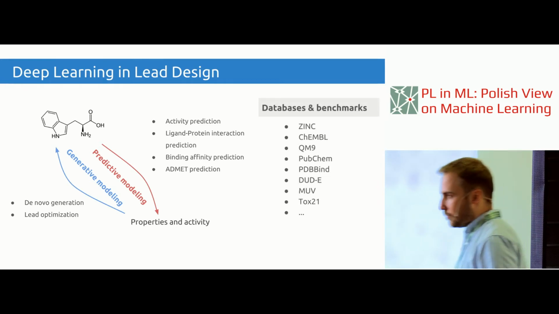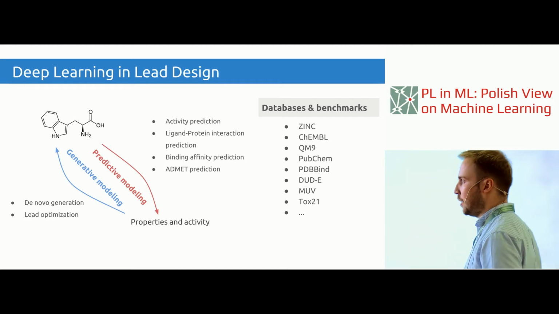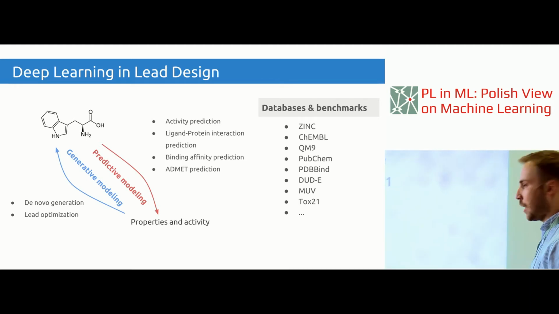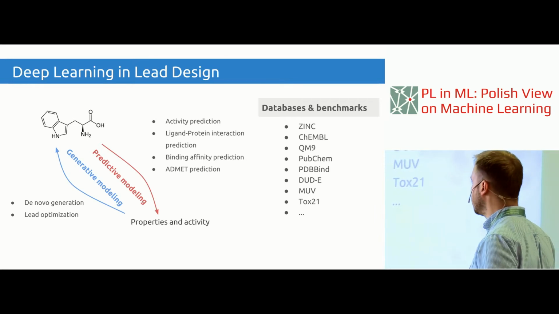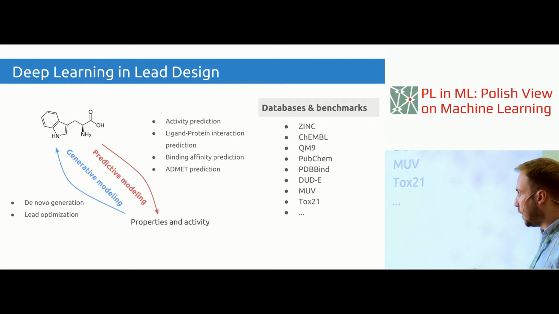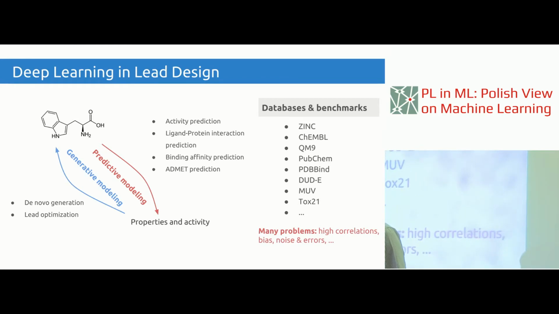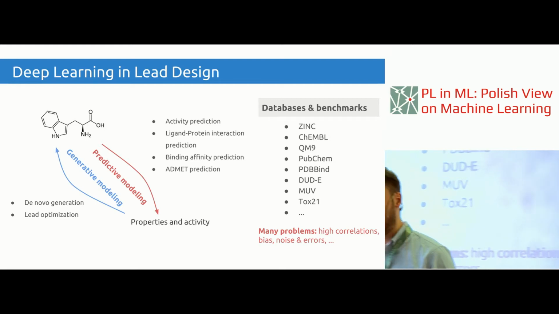And of course, we are all in the field of machine learning, so there is no machine learning without data. And if you're interested in doing some research in this area, there are quite many publicly available data sets to solve different problems in this group. But I would like to mention one thing, because these data sets are not nice and elegant data sets like, for example, ImageNet in computer vision.